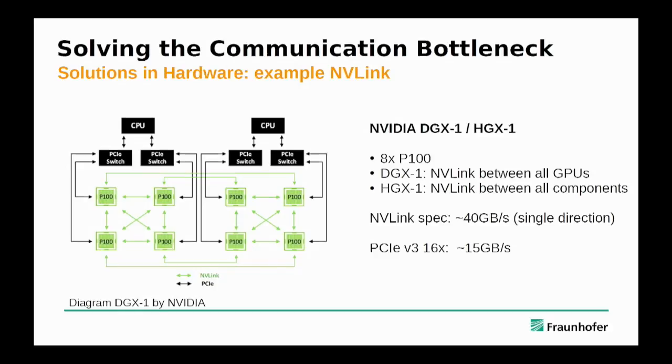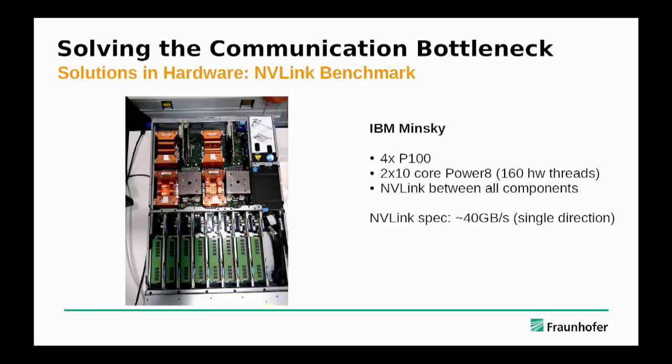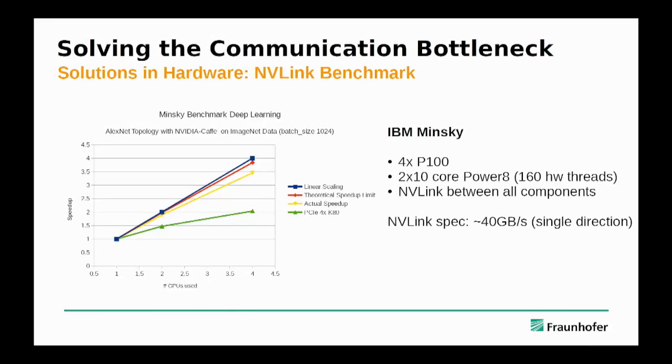Unfortunately, we got our DGX-1 just last week, so I have no numbers for that. But I have numbers for the IBM Minsky, which is a very similar system. It's also using NVIDIA P100s, just 4 of them with NVLink. Here you can see that the blue line would be linear scaling. The red line is the theoretical speedup limit. We'll come to that in a second.